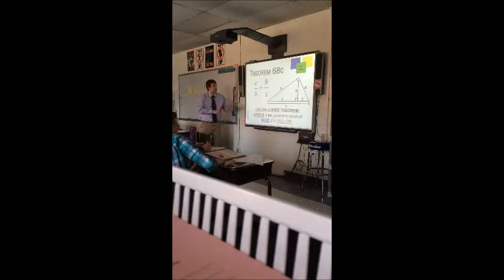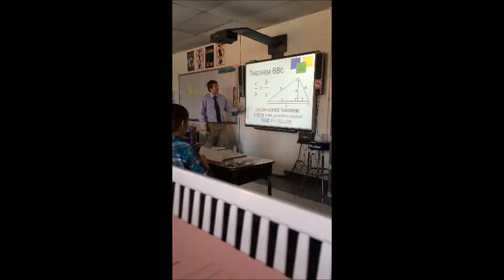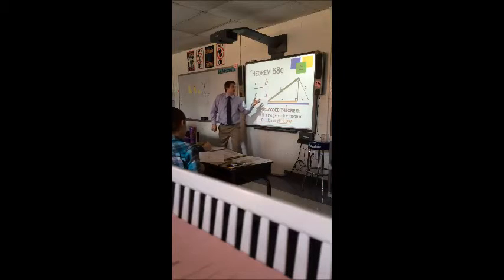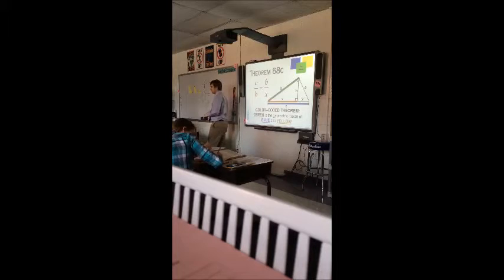All right, so the next geometric mean is going to be represented using green as the geometric mean of blue and yellow, but it's going to show a different proportion than the previous one. So this is going to go on the first triangle that we have under part C. So the geometric mean is B, and it is the geometric mean of the entire hypotenuse C and X, the segment of the hypotenuse that is adjacent to that leg.